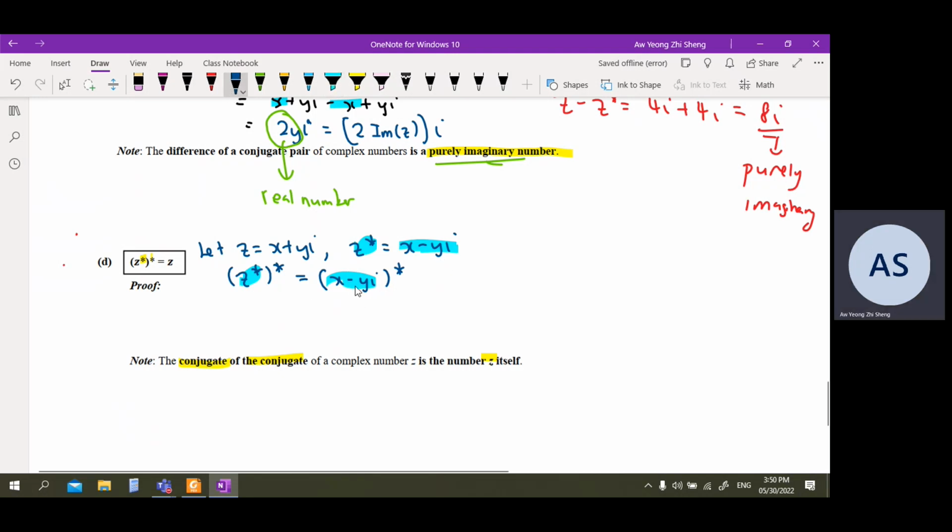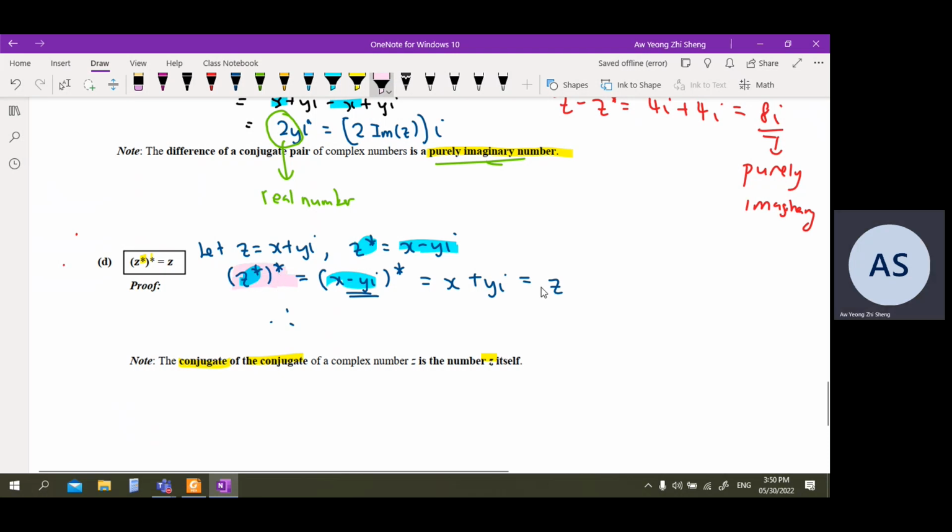Okay, now my x minus yi, when I apply star on it, the real part x remains unchanged, but the term negative yi should reverse the sign to become plus yi. And what is x plus yi? It becomes z.